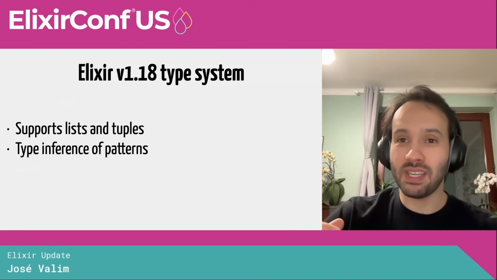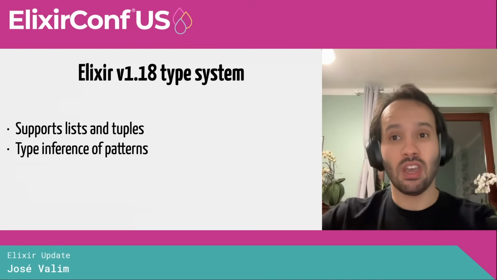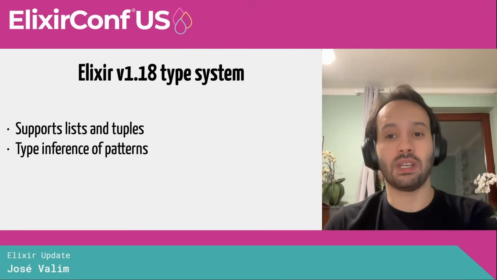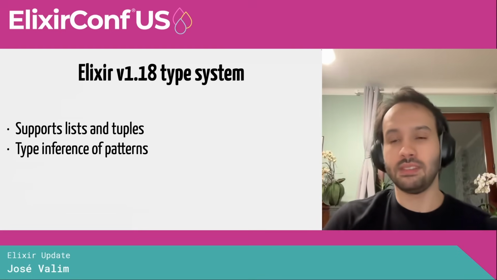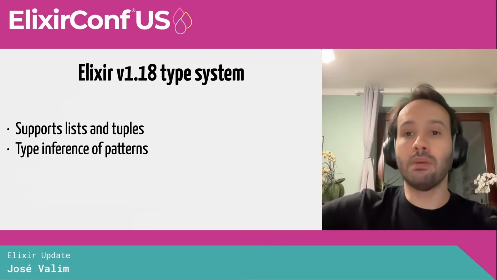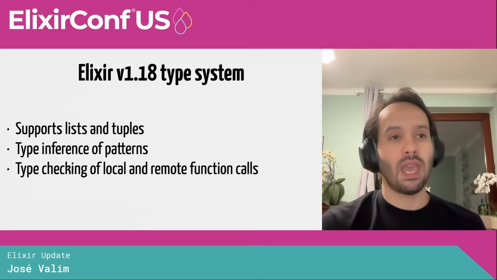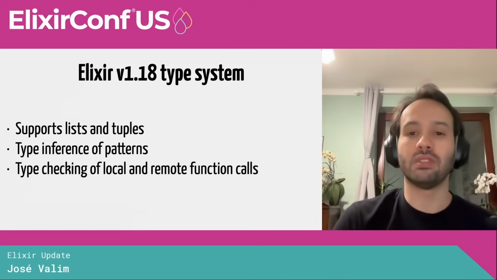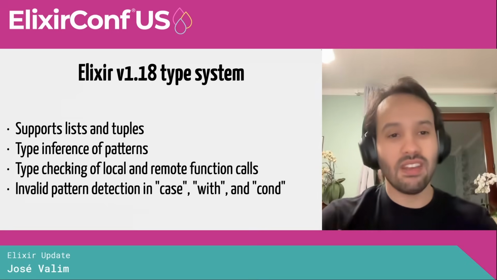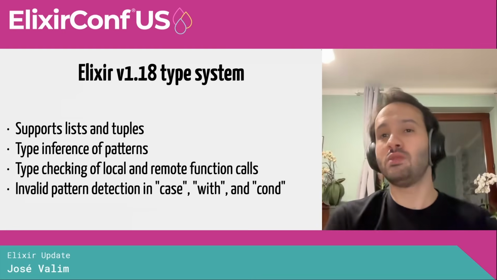So we started seeing the type system actually find bugs in applications because we were looking at the patterns and saying, oh, this is a tuple. Is it being used consistently as a tuple throughout this function? And we also added type checking of local and remote function calls, and invalid pattern detection in case, with, and cond.